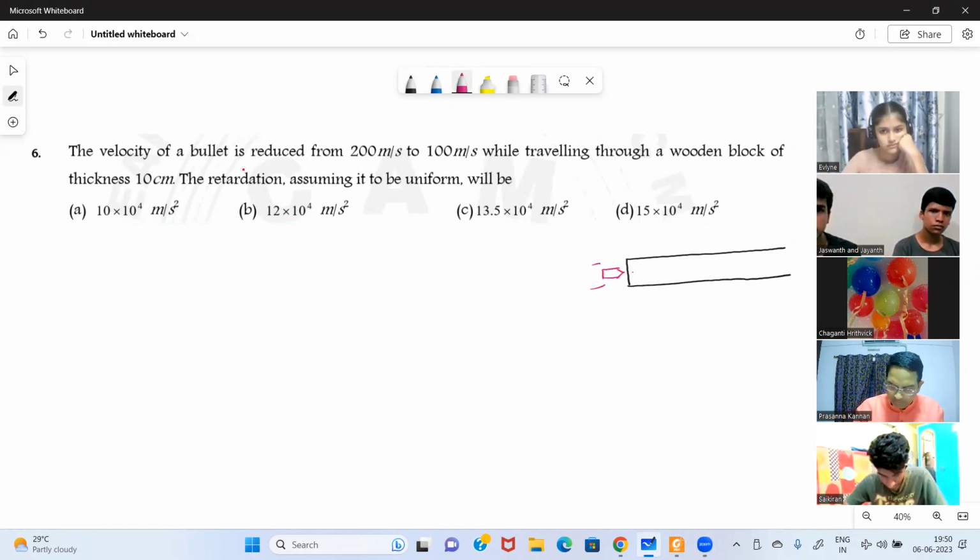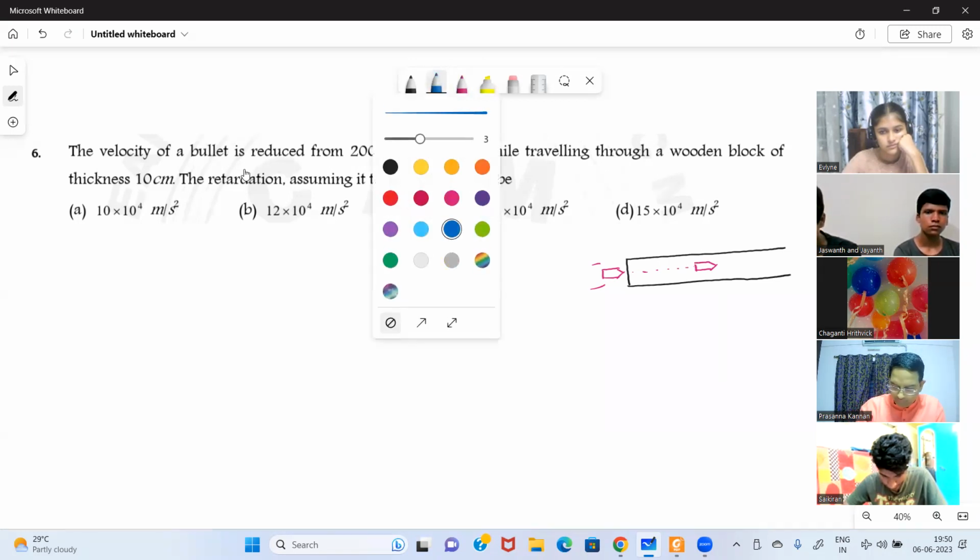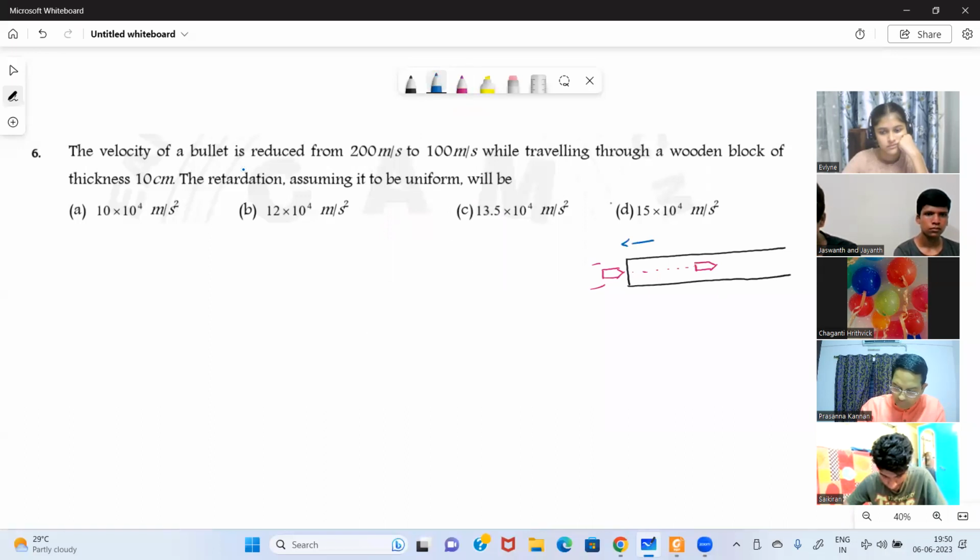And it gets into a wooden block of thickness 10 centimeters. So it travels a distance of 10 centimeters.